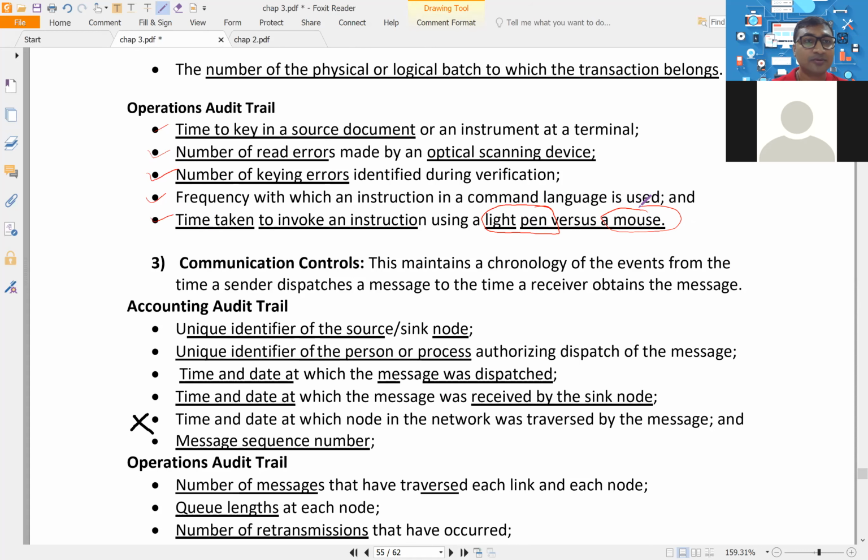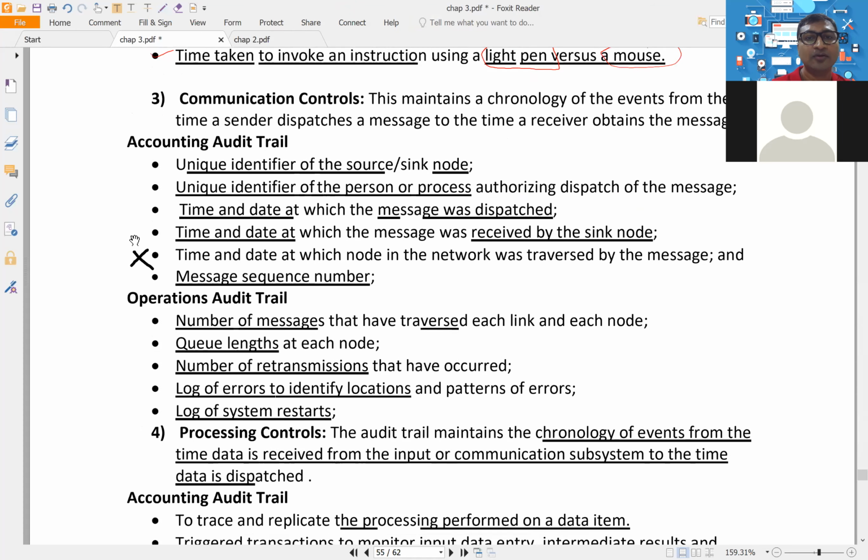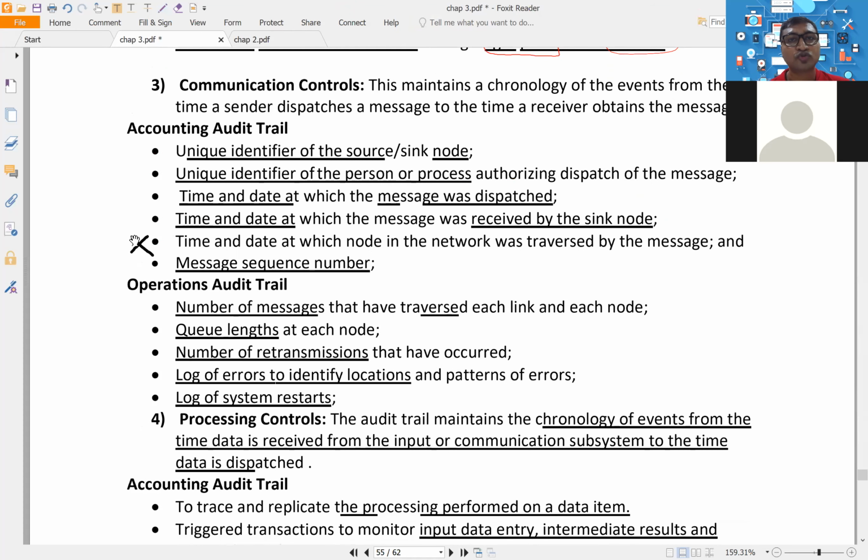Now when I talk about communication control, you can see the unique identifier of the source node, which is nothing but the IP address of the sender, the unique identifier of the person sending the data. We should also record which person is sending data through which computer to which computer. Time and date the data was dispatched, the data was received, everything we need to record.